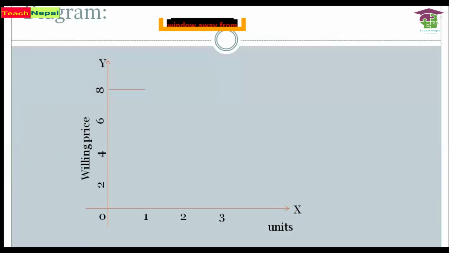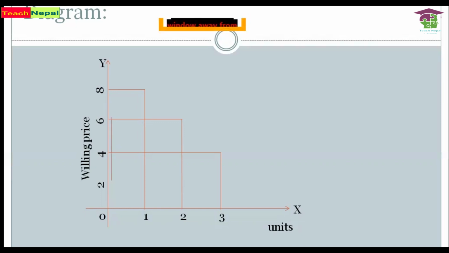First unit gives 8 marginal utility and willing price is also 8. Second unit gives less marginal utility than the first unit, which is only 6. Third unit gives 4 marginal utility only. Now, 4 is the market price as well.